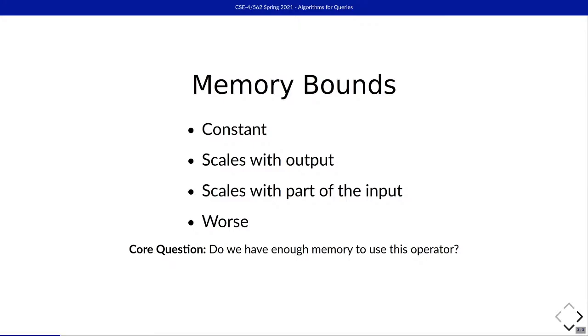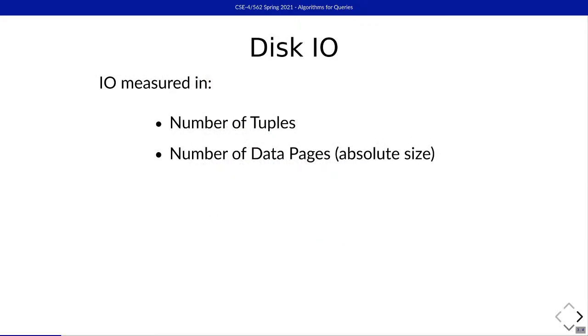Because really, at least with respect to this part, all we care about is, does the system have enough memory to support this operator? If it does, fantastic, we can use the operator. If it doesn't, then the operator is useless and we don't really want to consider it.